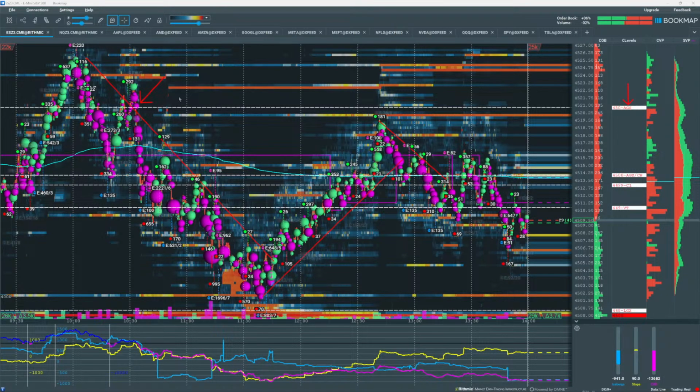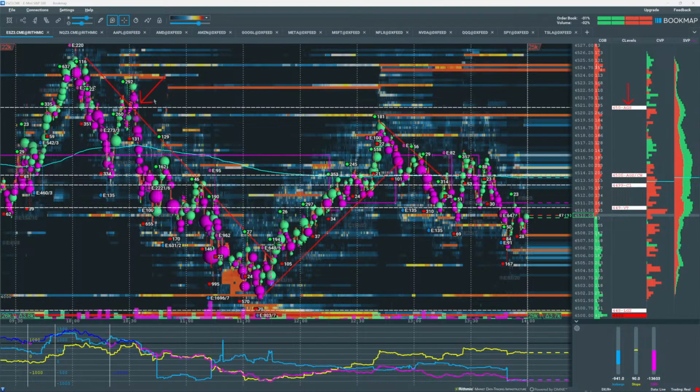ES makes a lower high. The volume dots are showing market buy minus sell. Green volume dots indicate there are more buyers than sellers, and magenta dots indicate there are more sellers than buyers. So you can see the magenta dots coming in right around 10:30, aggressive sellers.